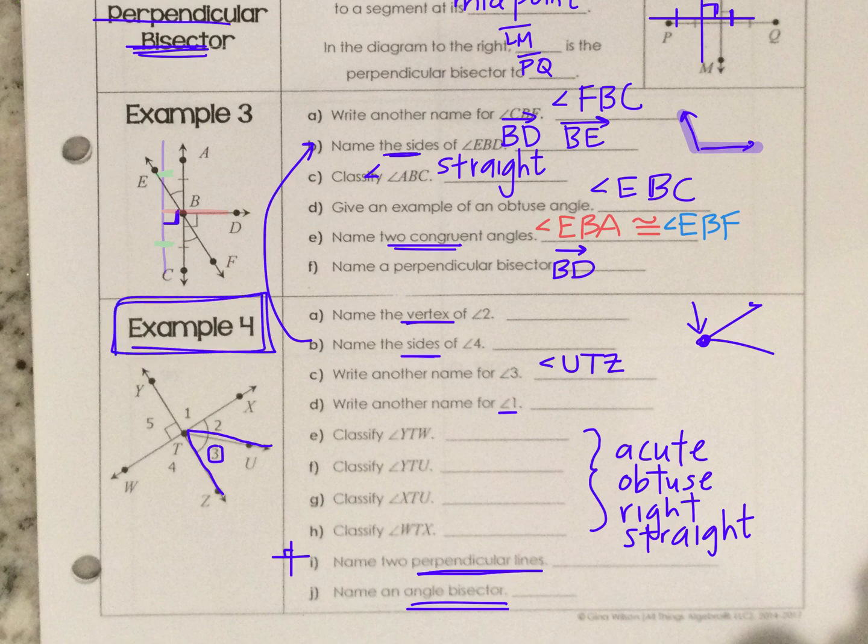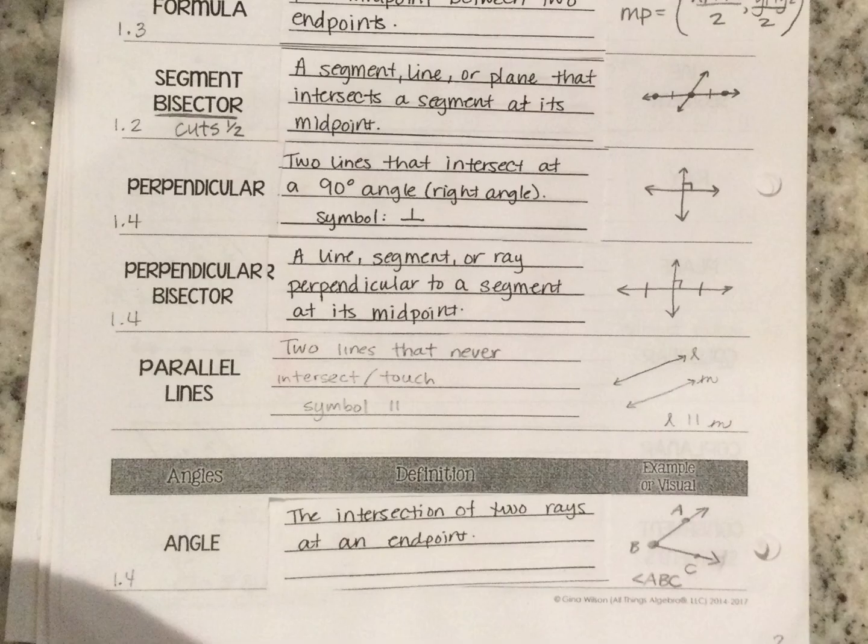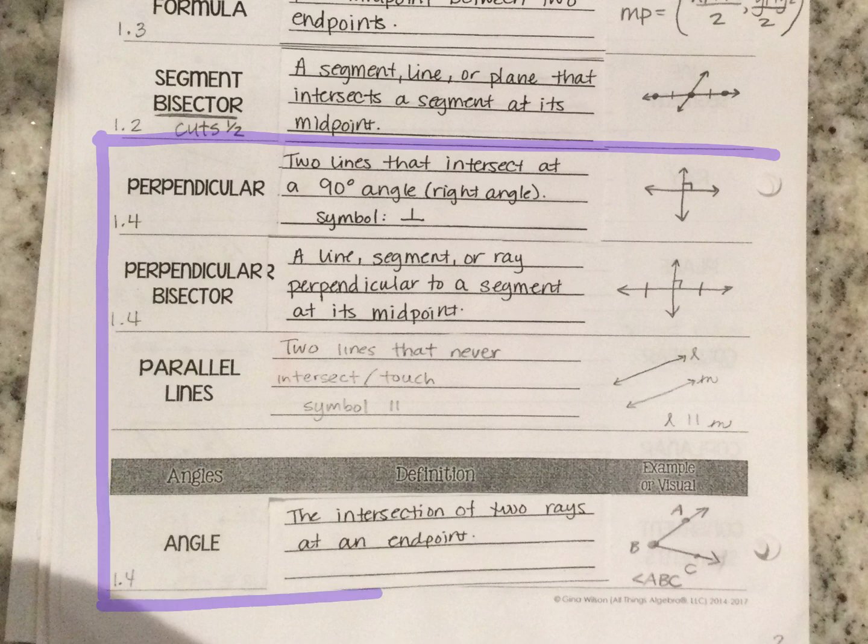When you're done, I need you to get out your vocabulary. On the second page of your vocabulary, today we did perpendicular, perpendicular bisector, parallel lines is already written in for you, and angles. So you may either pause this and write the words and the examples in, or when you get to class, I have a baggie for you that has all the definitions in them. After you get these done, flip over to the next page.